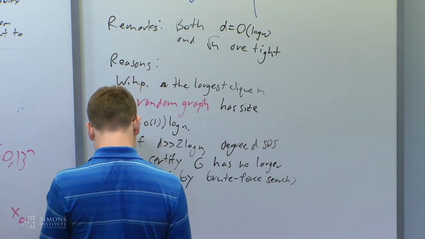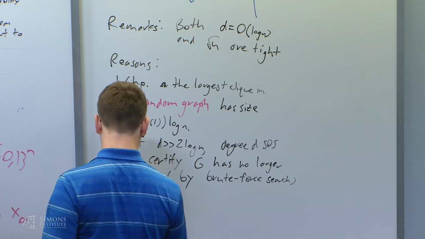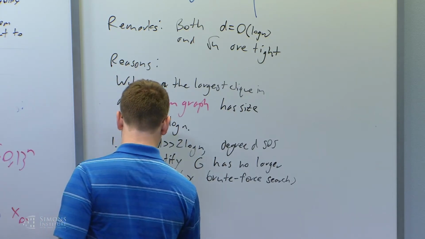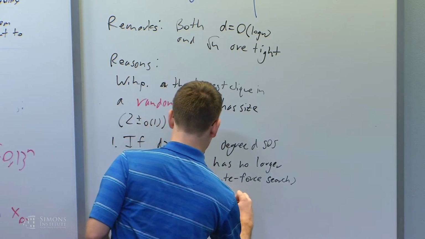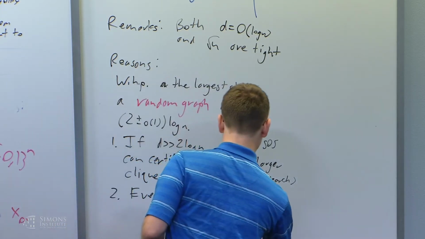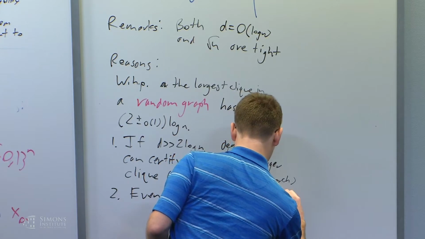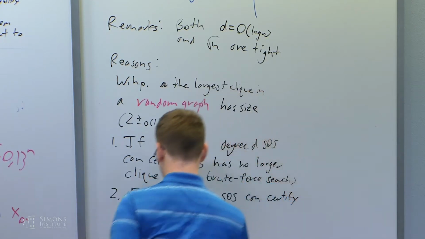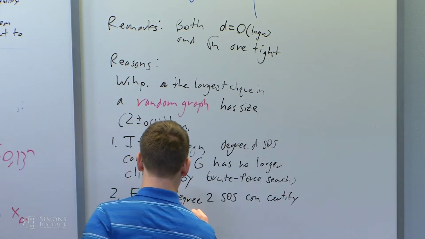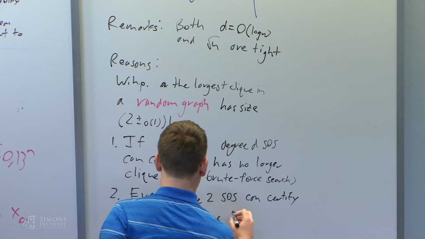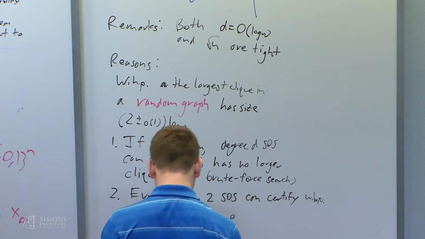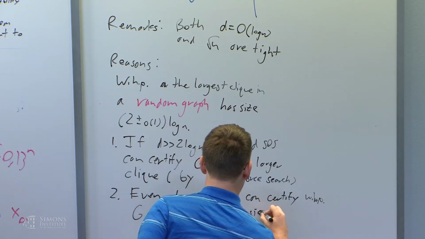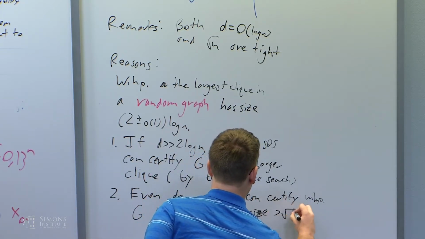And second, even degree 2 SoS can certify G has no clique. All these are probabilistic statements, but G has no clique of size more than about square root of n.